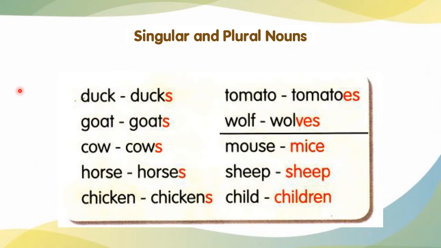While irregular plural nouns are nouns that do not become plural by adding s, es, or ies. For example, wolf, wolves, mouse, mice, sheep, sheep, child, children.